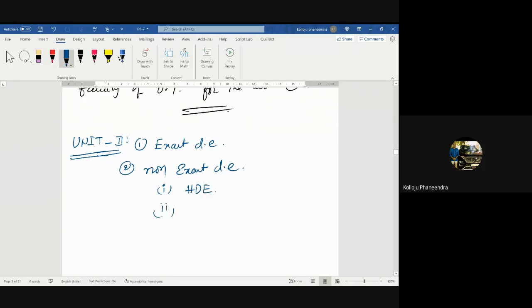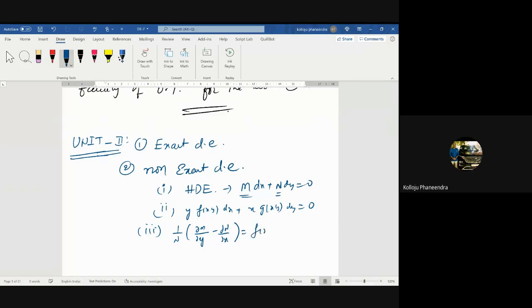Second one, homogeneous differential equation, M dx plus N dy equal to 0, where M and N are functions of the same degree. And the second case is what? y into some function of xy dx plus x into some function of xy dy equal to 0. And the third case: 1 by N into dou M by dou y minus dou N by dou x equal to a function of x.